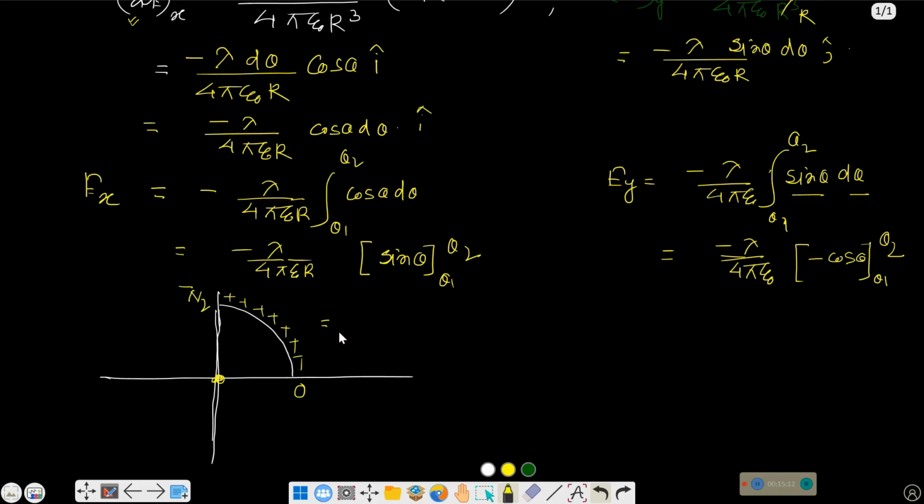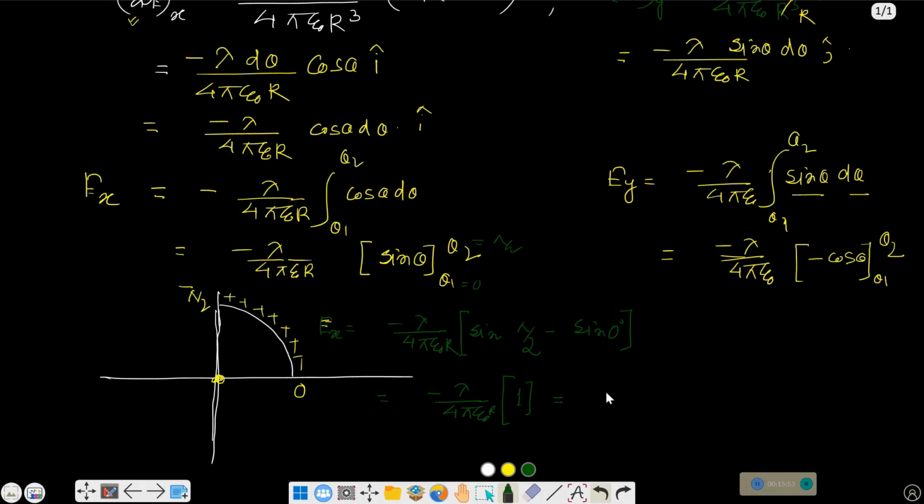If we put it in this formula, we will get Ex as minus of lambda by 4 pi epsilon naught r sine theta, where theta 1 is equal to 0 and theta 2 is equal to pi by 2. So sine of pi by 2 minus sine of 0 degrees, where sine pi by 2 is 1 and sine 0 degrees is 0, so it will be minus of lambda by 4 pi epsilon naught r.